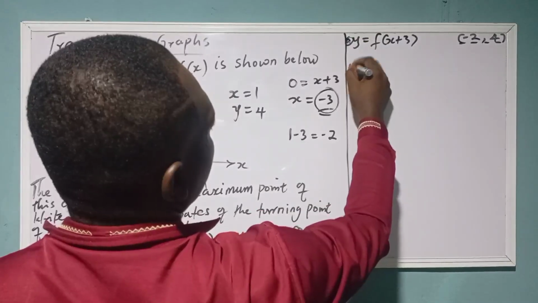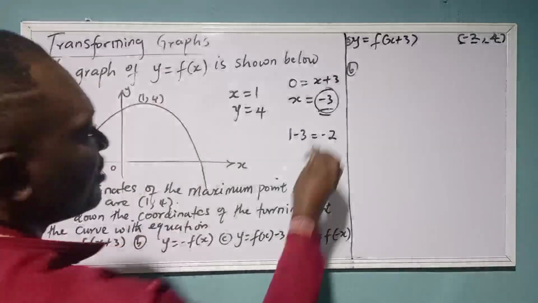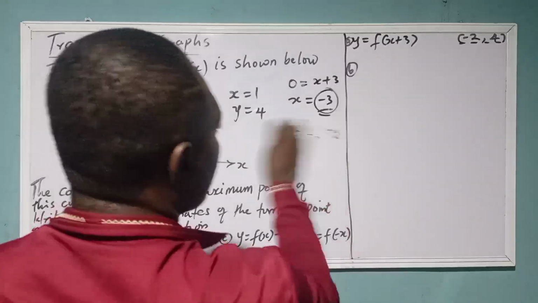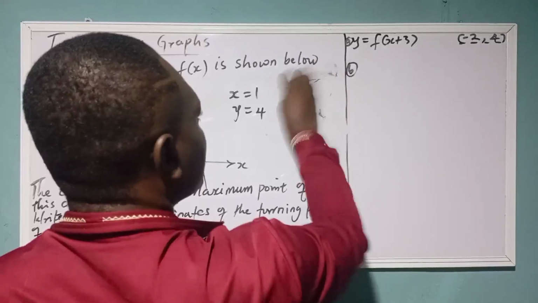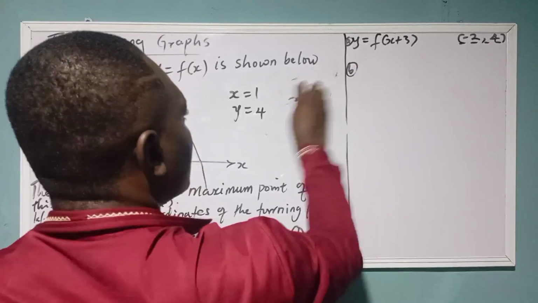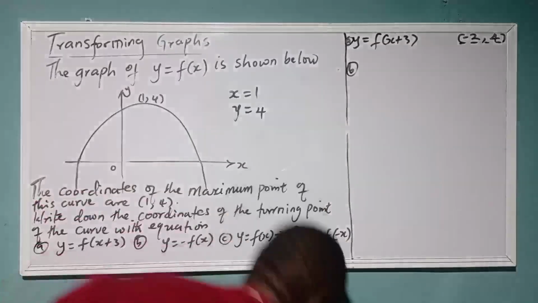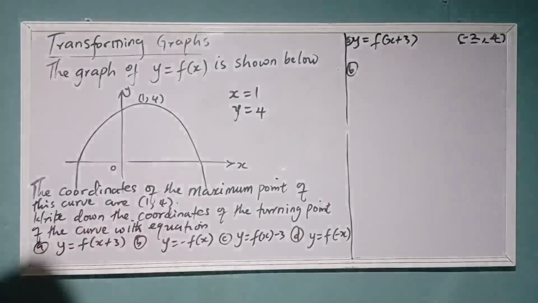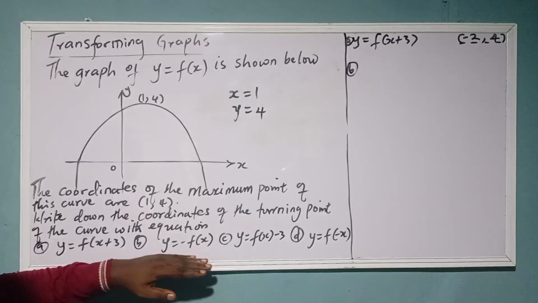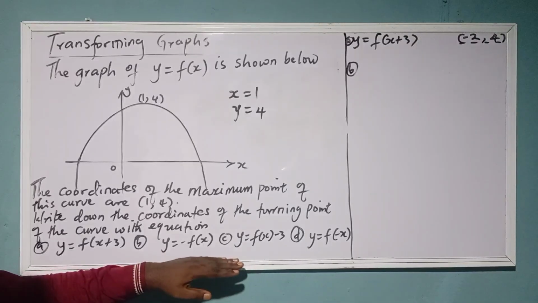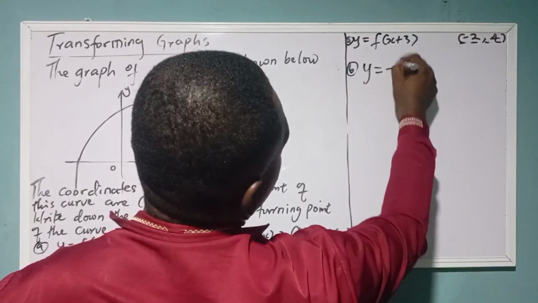So let's go to option B. Let me take away this place so that I'll be doing my work in this portion of the graph. In option B, it says that we should find the turning point when the equation is y equals minus f of x.